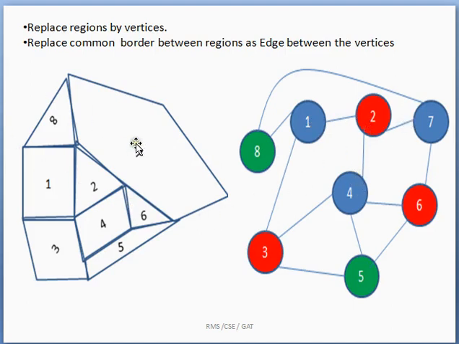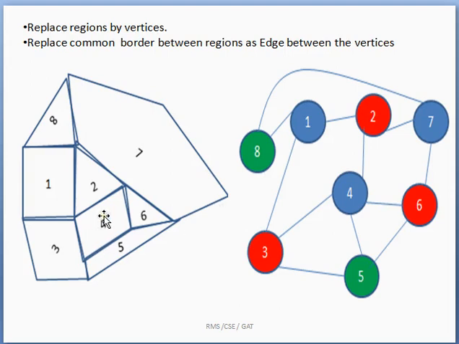Similarly, if we take region 7, it is sharing a common border with 8, 2 and 6. So 7 with 8, 7 with 2, 7 with 6.